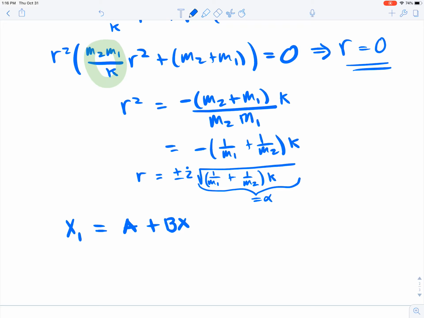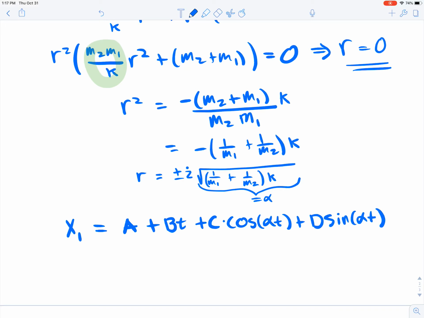Now, for the imaginary part, we're going to add another constant times cosine of alpha t. Actually, instead of using x, it's going to get confusing, so let's go ahead and use t's. And then times sine alpha t. So this is the general solution for x1.